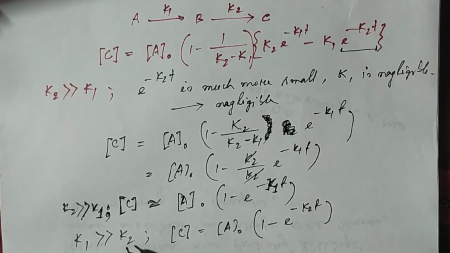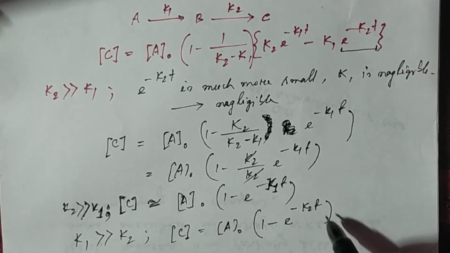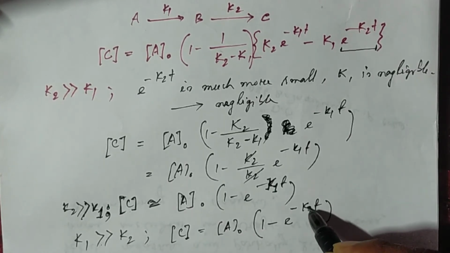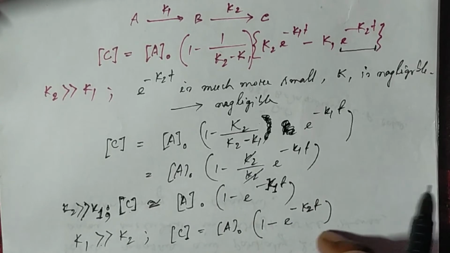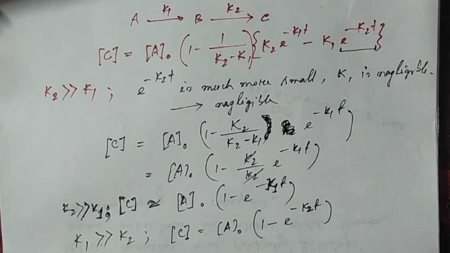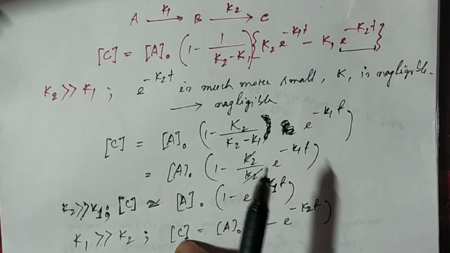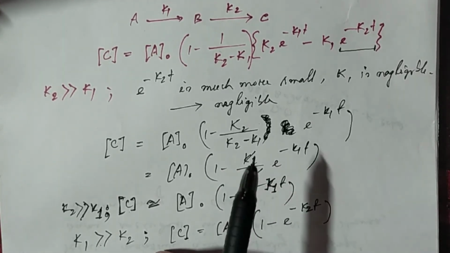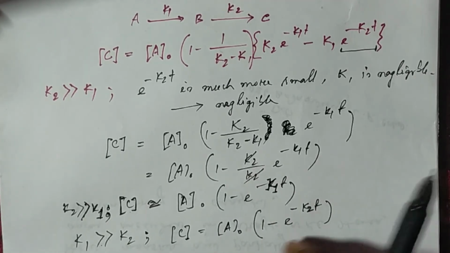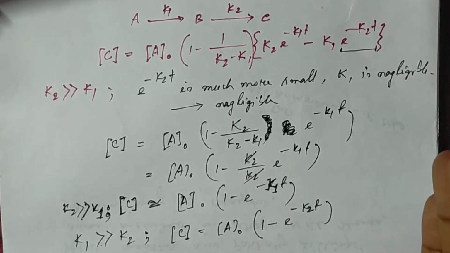And in the other case, K2 is much smaller than K1, so C only depends upon the value of K2. There is no K1 here. Okay, so you can directly say that as K2 is much smaller, it depends only upon K2, that means the second step is the rate determining step.